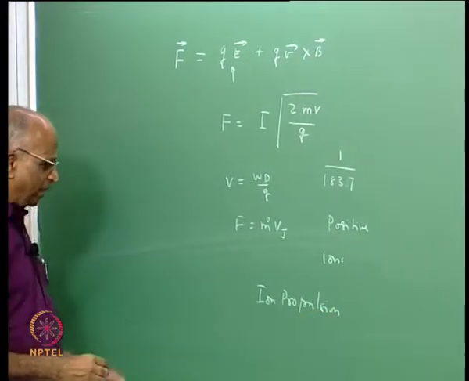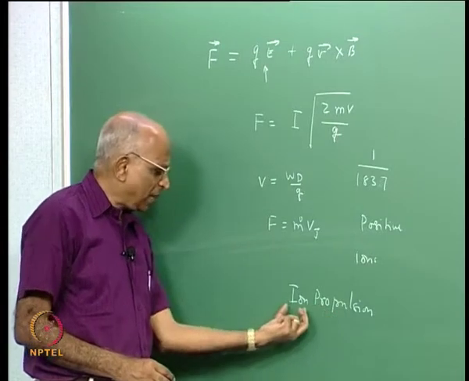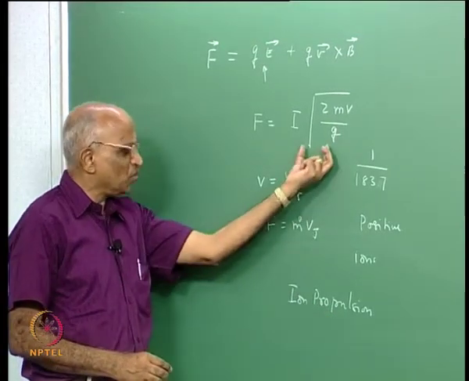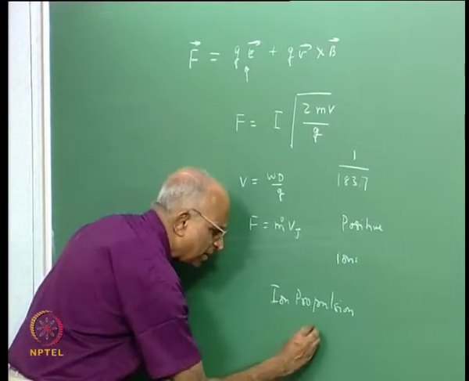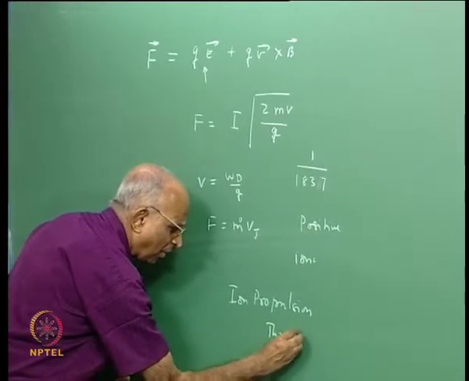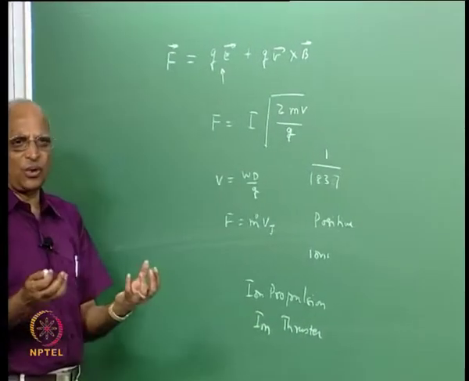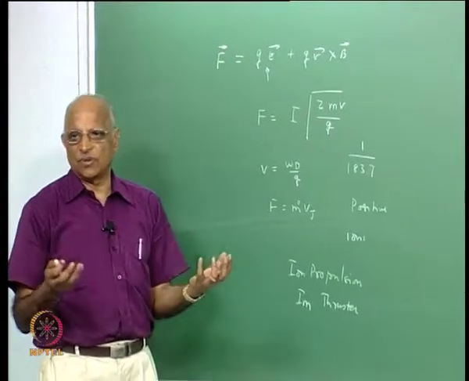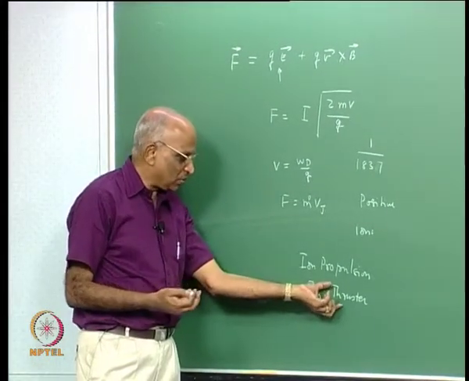At this point in time I will also tell you we call it an ion rocket, but the forces which are generated are so small that instead of calling it an ion rocket we call it an ion thruster. Therefore when we talk of low thrust rockets we call it a thruster instead of a rocket, but anyway you could call it an ion rocket, it depends on the person who uses it.